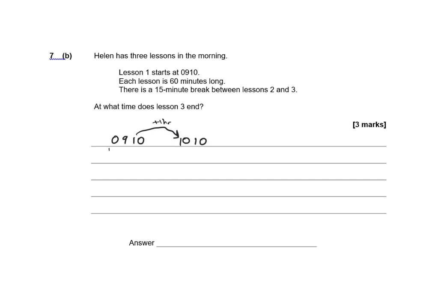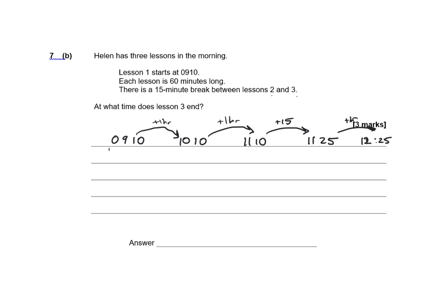The breaks between lesson 2 and lesson 3, so I'm going to have another hour for lesson 2 to happen, so that's 11:10. Then I'm going to have my break of 15 minutes, so 11:25, and then I'm going to have my final hour to find out when lesson 3 ends, would be 12:25.